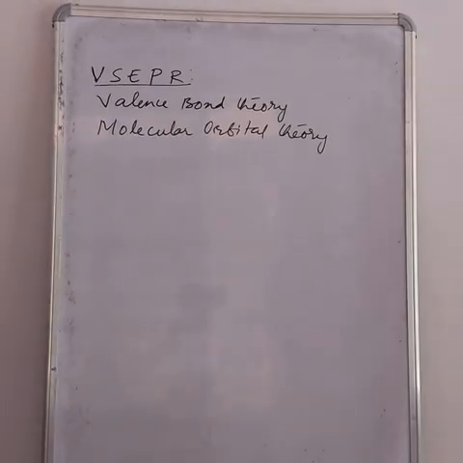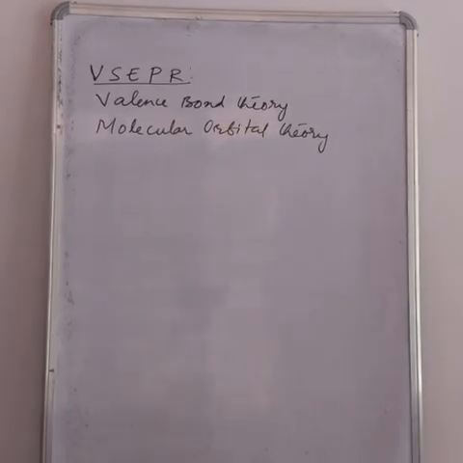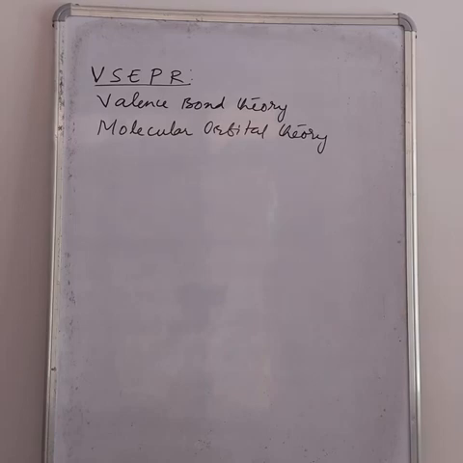Because of the presence of the valence electrons within an atom, it is being shared or transferred with another atom, and because of the sharing of the electrons, a bond is formed. But there are drawbacks in this theory.